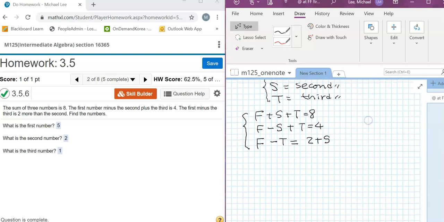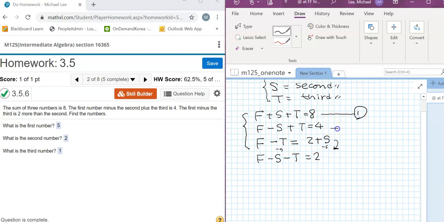Now, the third equation I'm going to rewrite as F minus S minus T equal 2, because I'm going to subtract S from both sides, all right? So I'm going to just number them.